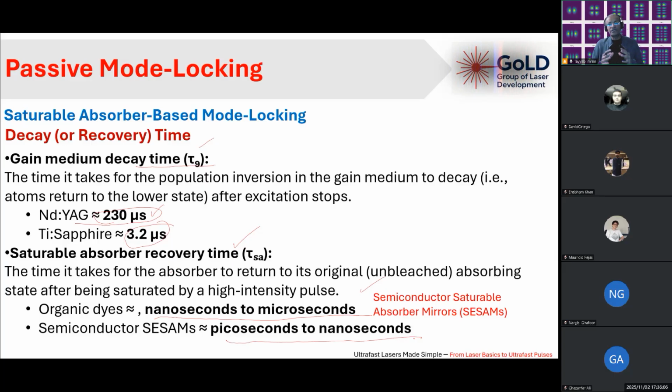A saturable absorber is not only used to get mode-locked, very short pulses, it is also used, if you remember, in the Q-switching process. Okay. For Q-switching, you don't need a very short recovery time for the saturable absorber, but for mode-locked lasers you need a shorter recovery time.